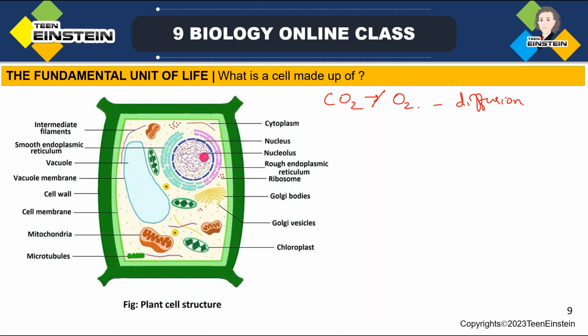Diffusion is the movement of gaseous material, like oxygen and carbon dioxide, across the cell membrane. That process is called diffusion. Okay. So diffusion, we know what is diffusion, right?